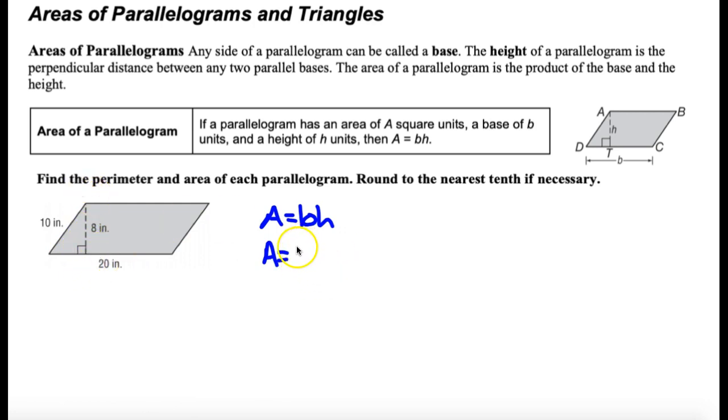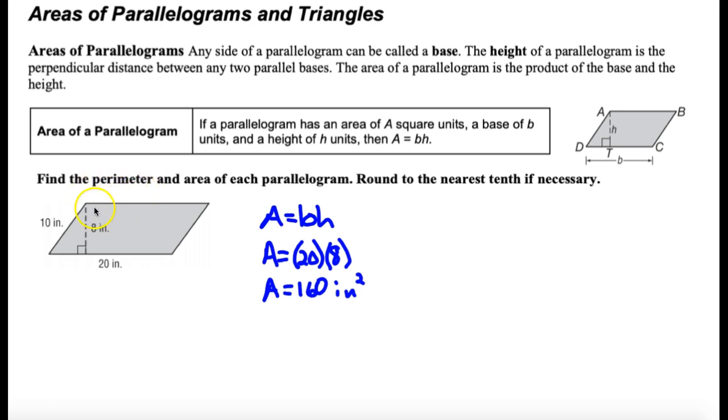The height is not 10. The height in this one is 8. So I'm going to do 20 times 8, and I believe that gets me 160. So 160 square inches.